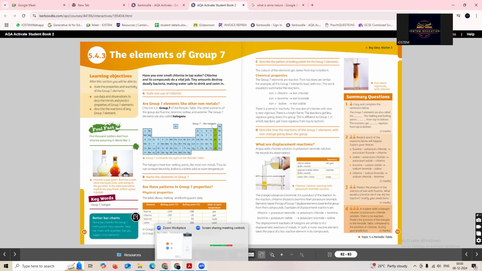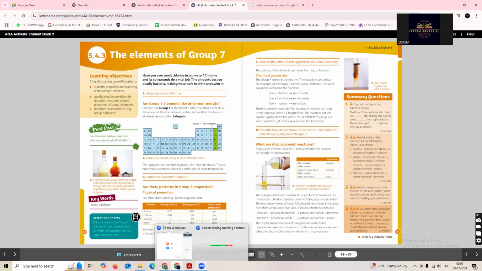Can you say that non-metal plus metal will form salt? Yes, that is also okay. But here we are talking about particular non-metals, halogens. If you want to generalize, you can write metals plus halogens will make metal halides.